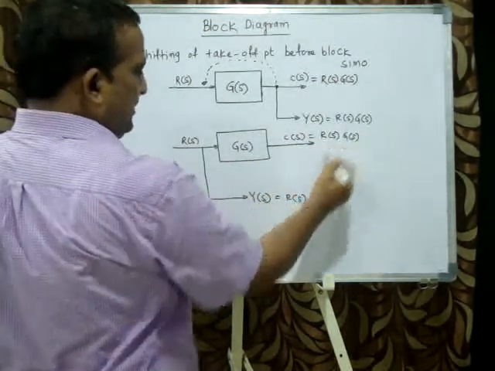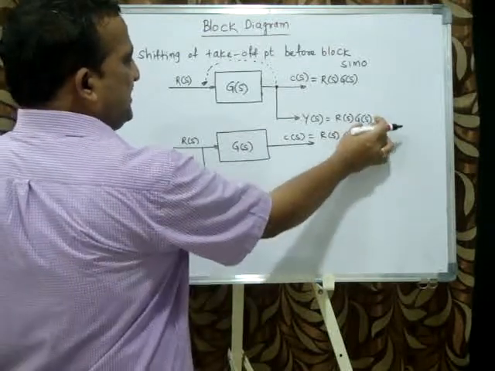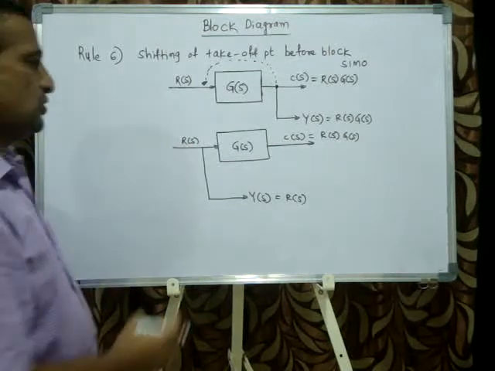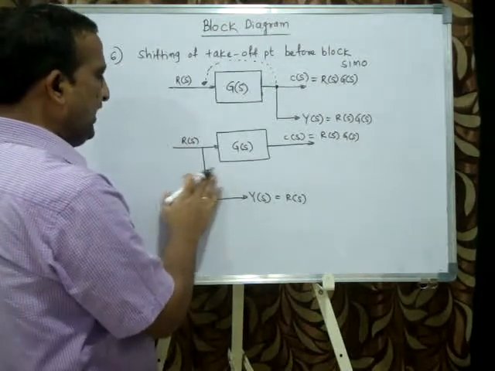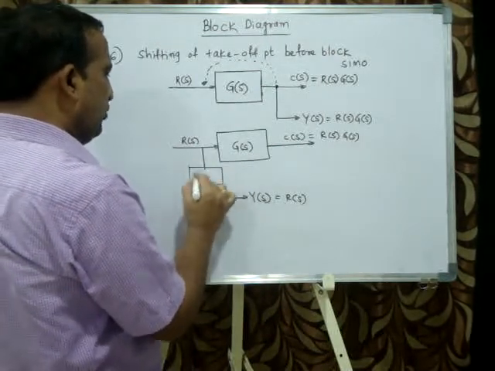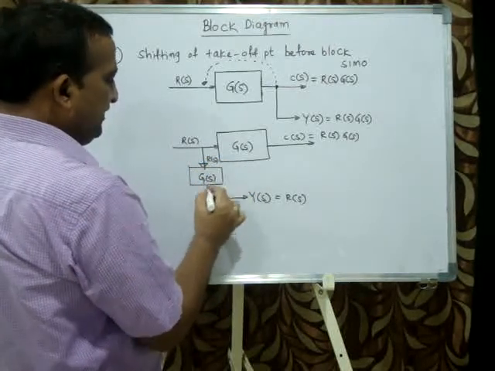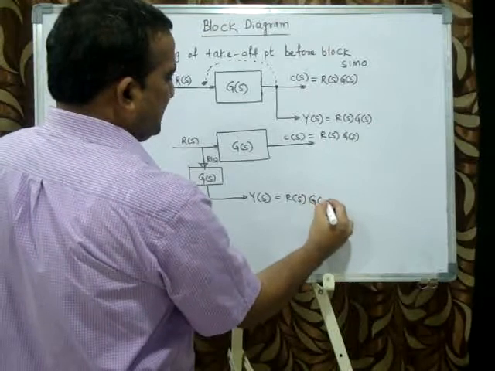If you compare this with this output Y of S, I am missing G of S. Missing means I have to multiply. So I want to add one more heater. Here I am getting R of S, multiplying by G of S, one more heater. I will get the same value.